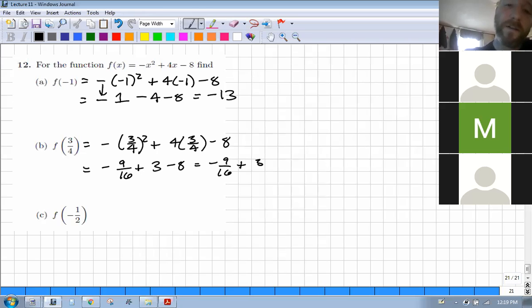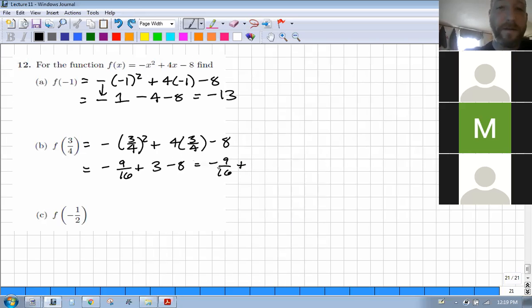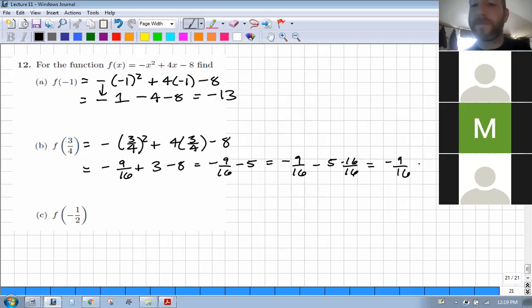Well, hold on, let's combine these. 3 minus 8 is negative 5. So let's get a common denominator now by multiplying by 16 over 16. 16 times 5, 80. I got a negative 89 over 16.